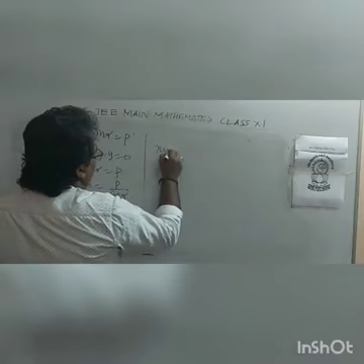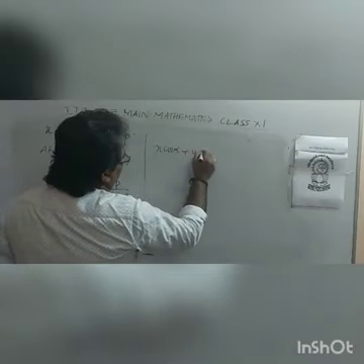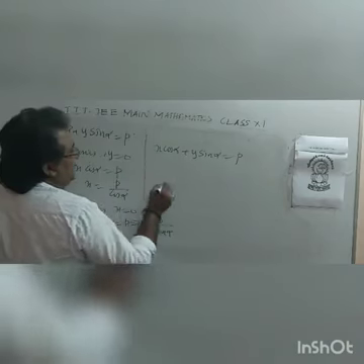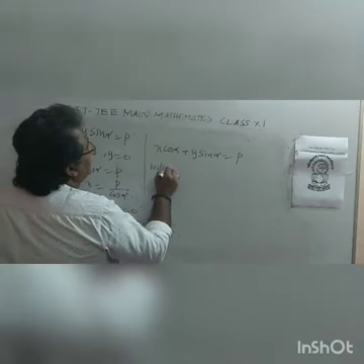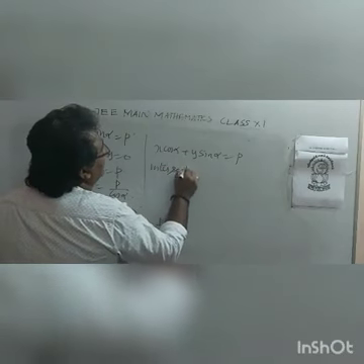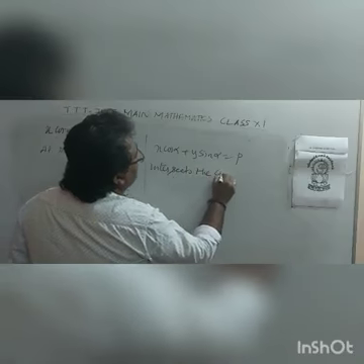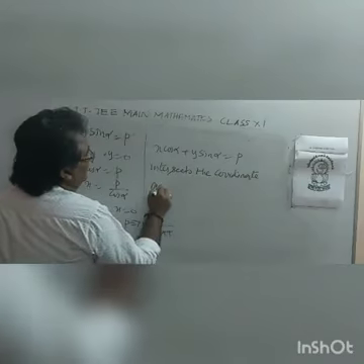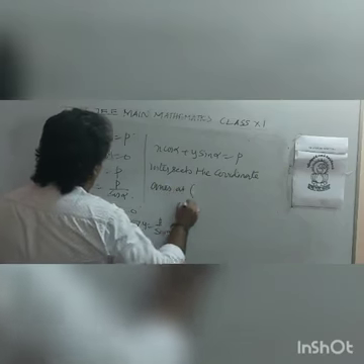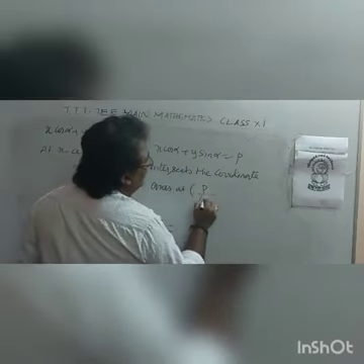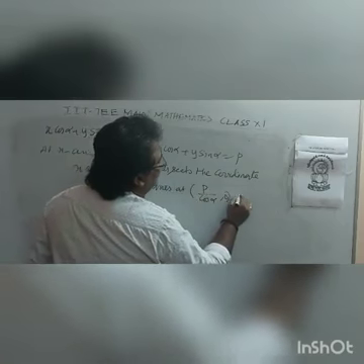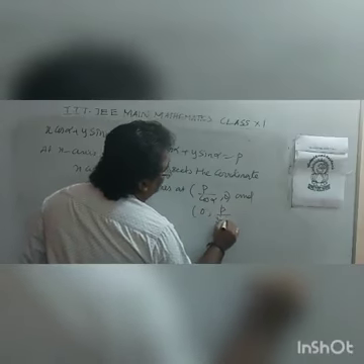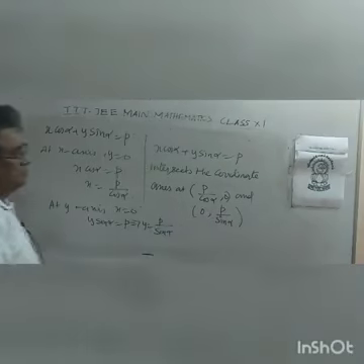So the line x cos alpha plus y sin alpha equal to p intersects the coordinate axes at p by cos alpha comma 0 and 0 comma p by sin alpha.